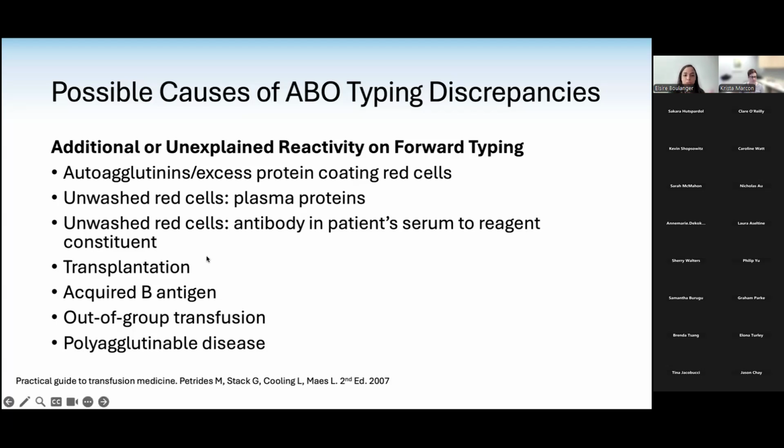It can be an out-of-group transfusion, but in this case it wouldn't make much sense, because we won't be transfusing a patient who is A with B. Or it can be polyagglutinable disease.